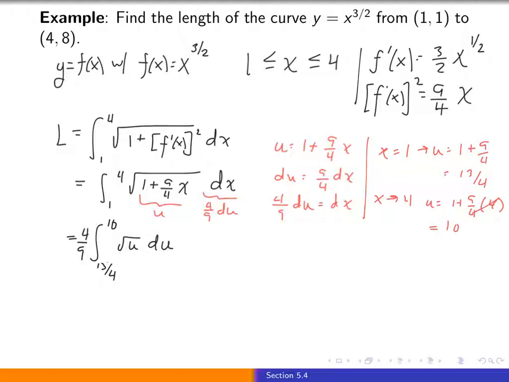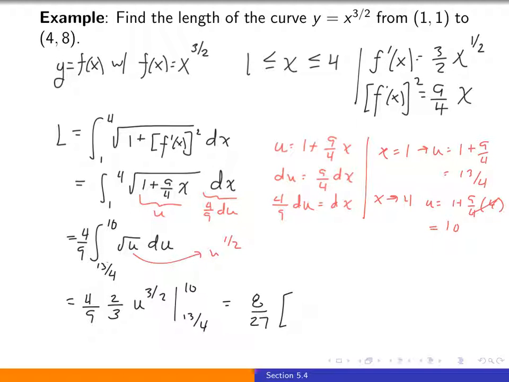Now the resulting integral is going to be quite simple here because it's just a power of u. So recall square root u is really u to the 1/2. 1/2 plus 1 is 3/2. So what we get back is 4/9 times 1 over 3/2, which is 2/3, u to the 3/2 from 13/4 to 10. So 4/9 times 2/3 is 8/27.